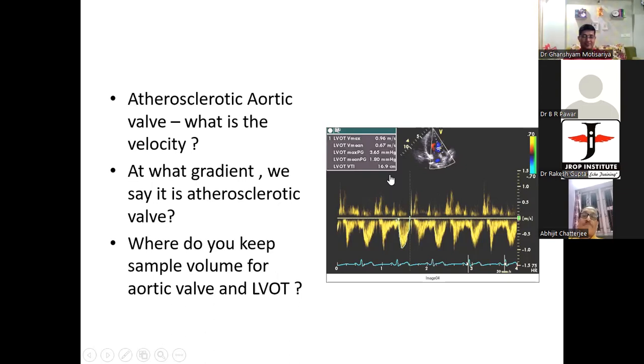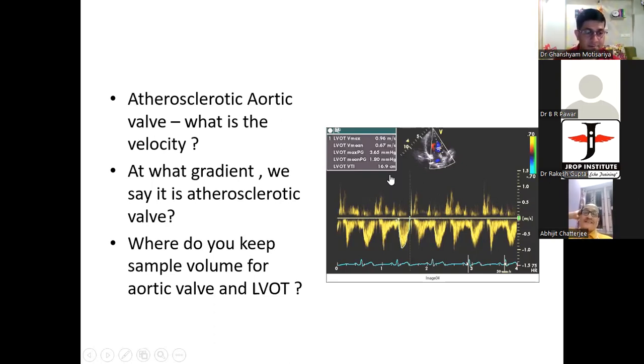Under where? Under the roof, under the umbrella? Under the aortic leaflet. Any valve, keep it at the tips of the open leaflet. Clay, read, man. Whenever we talk of aortic valve, just distal to the tip of the leaflet or in between the two leaflets. Okay, in between two leaflets.